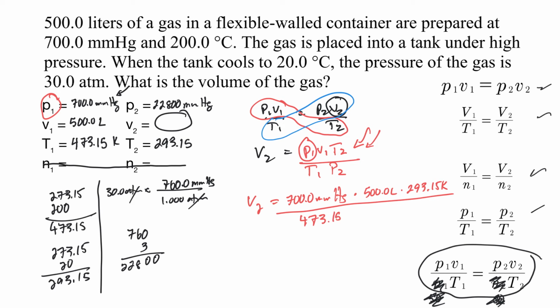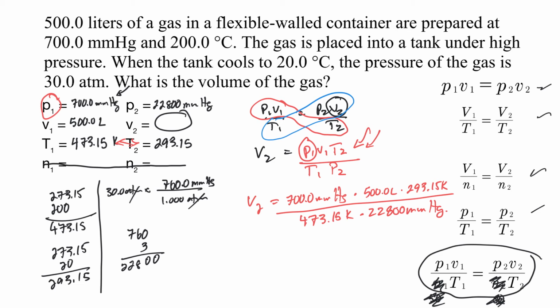That's a common mistake that students mix those up. Times P2, 22,800 millimeters of mercury.